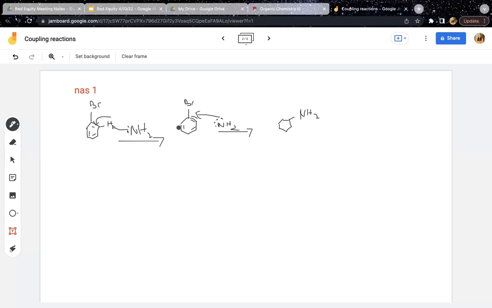And then now you also have bromine in solution because that kicks that off. So then you end up with just this NH2 ion. That's why this one's called elimination addition. So you're getting rid of the bromine, and you're adding in the NH2. So that's that first reaction.